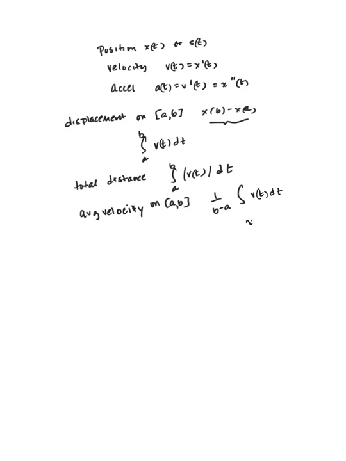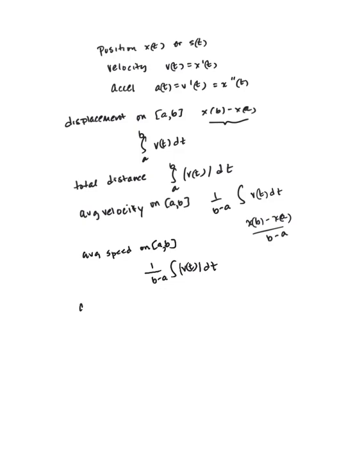This is also x of b minus x of a over b minus a, the slope of the secant line. So it depends on what information they feed you. Average speed on AB: you would just do the average value formula again, but you would integrate the absolute value of velocity.